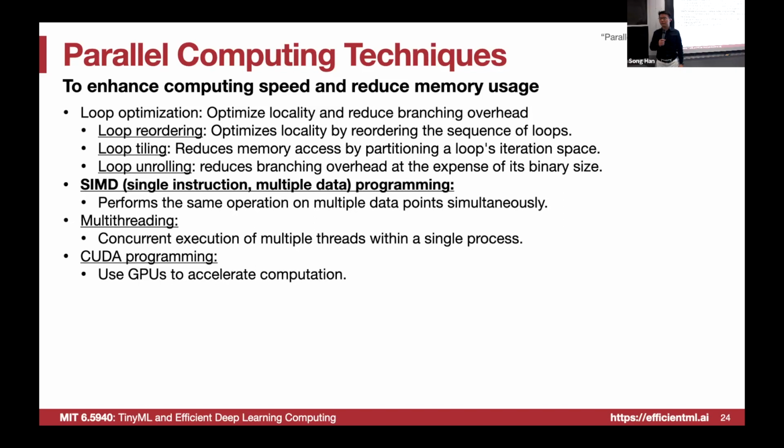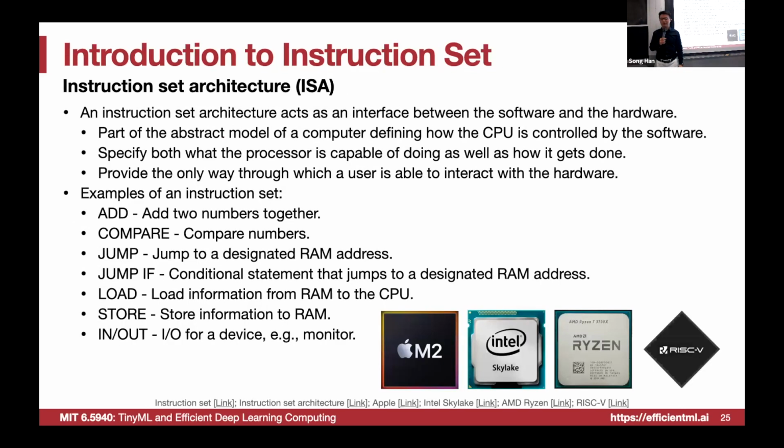Since deep neural networks are very easy to parallelize, with lots of loops, lots of pixels, lots of tokens, you apply the same weight to different dimensions. So we can avoid those control and instruction overheads by applying the same instruction on multiple data to let them run in lockstep with each other.